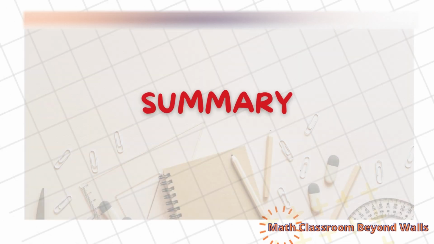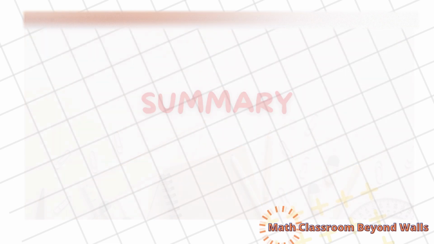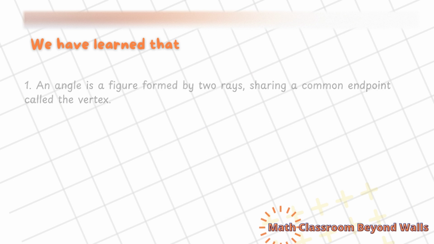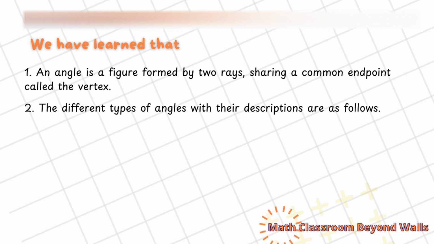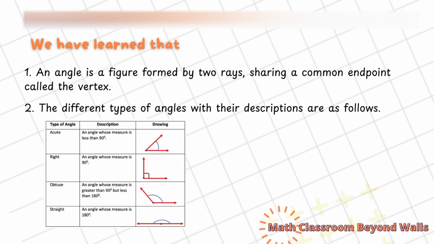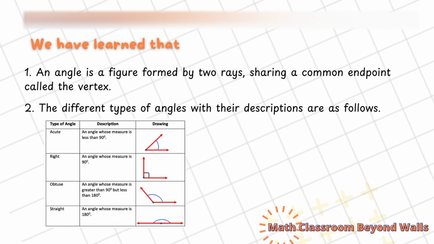There you are, learners. Let us summarize what we have learned in today's video. We have learned that, first, an angle is a figure formed by two rays sharing a common endpoint called the vertex. Second, the different types of angles with their descriptions are as follows. Acute angle, an angle whose measure is less than 90 degrees.